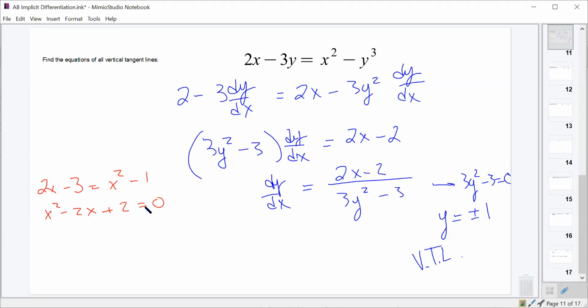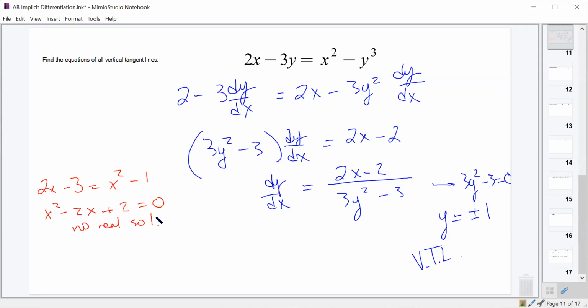We can either complete the square or use the quadratic formula. What happens if we try to solve this quadratic? I got a negative under the square root. Exactly. So this has no real solutions.